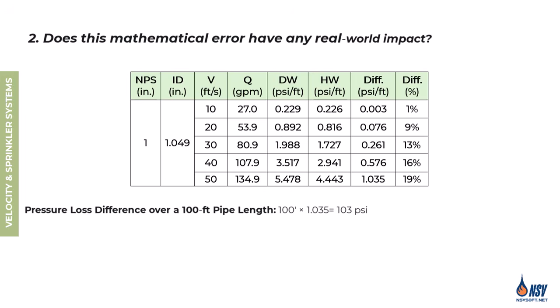If we had a 100-foot section of 1-inch Schedule 40 pipe flowing 135 gallons per minute, the Darcy-Weisbach equation would predict a pressure loss of roughly 548 pounds per square inch over that length. And when we remember that the maximum allowable pressure in most fire sprinkler systems is only 175 pounds per square inch, it becomes clear that such a flow is physically impossible in an actual installation.